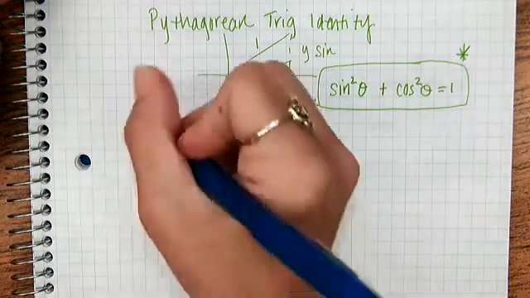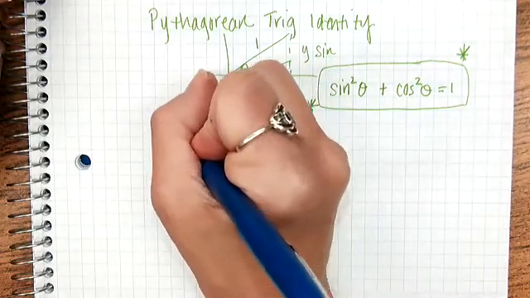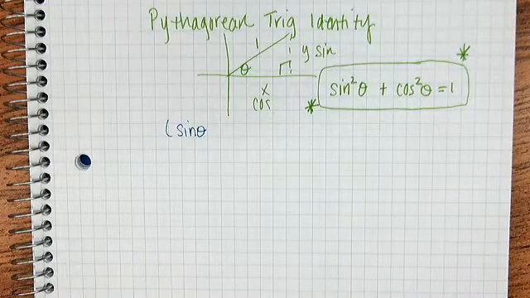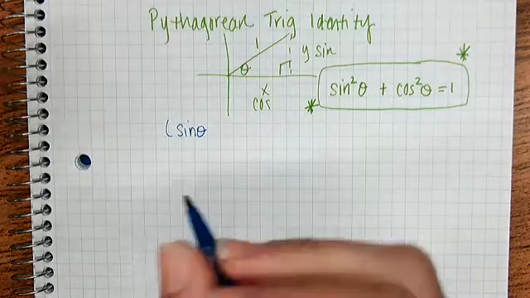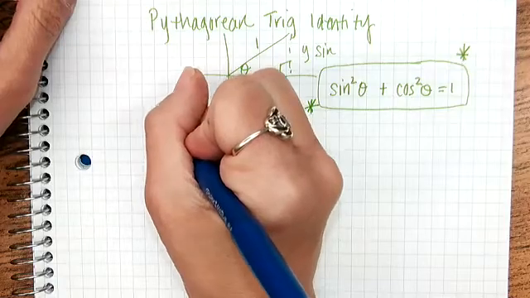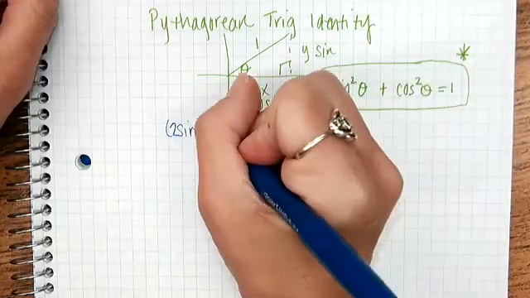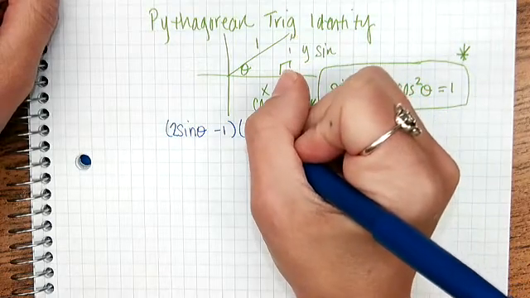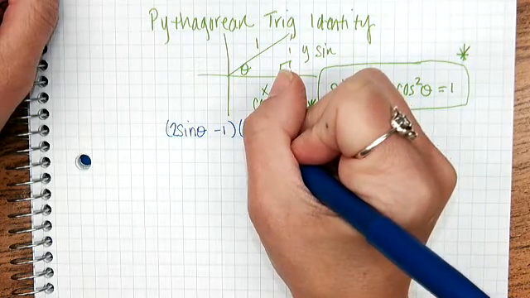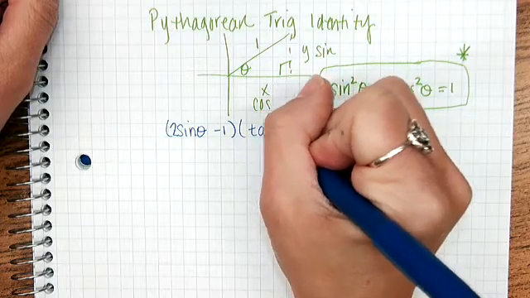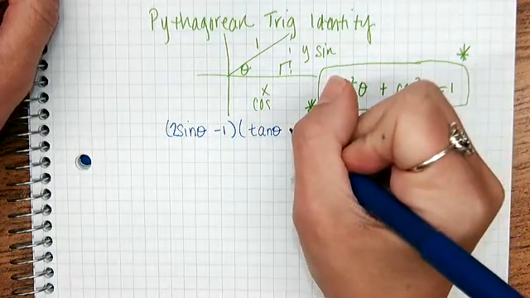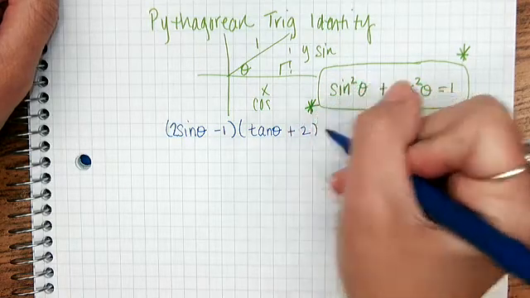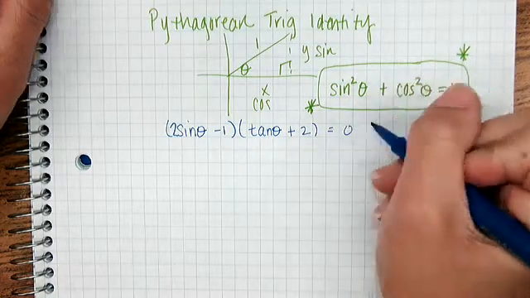So if I give you something such as 2 sine theta minus 1 times the quantity tangent theta plus 2 equals 0.